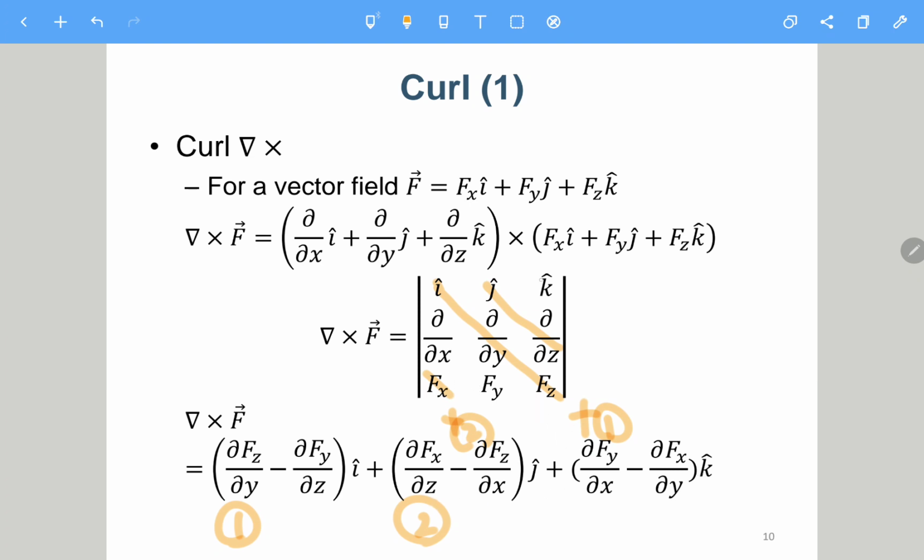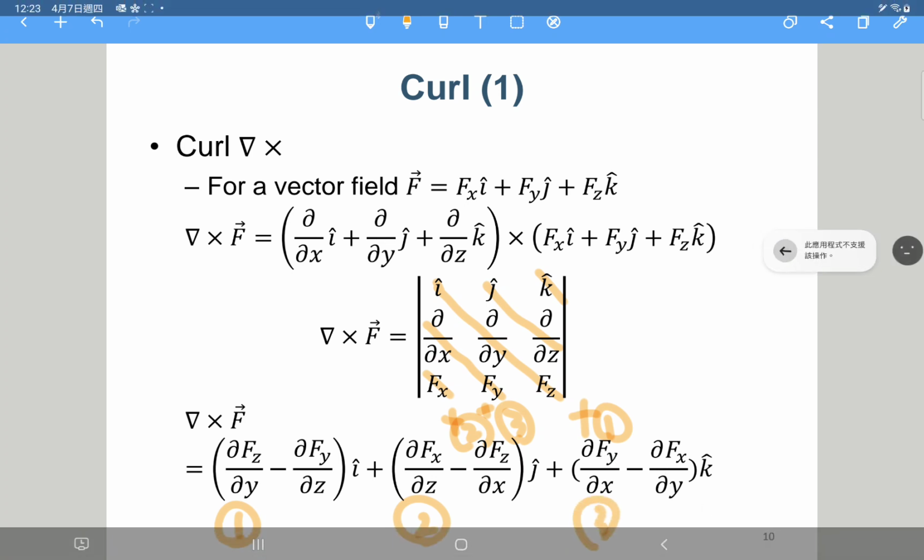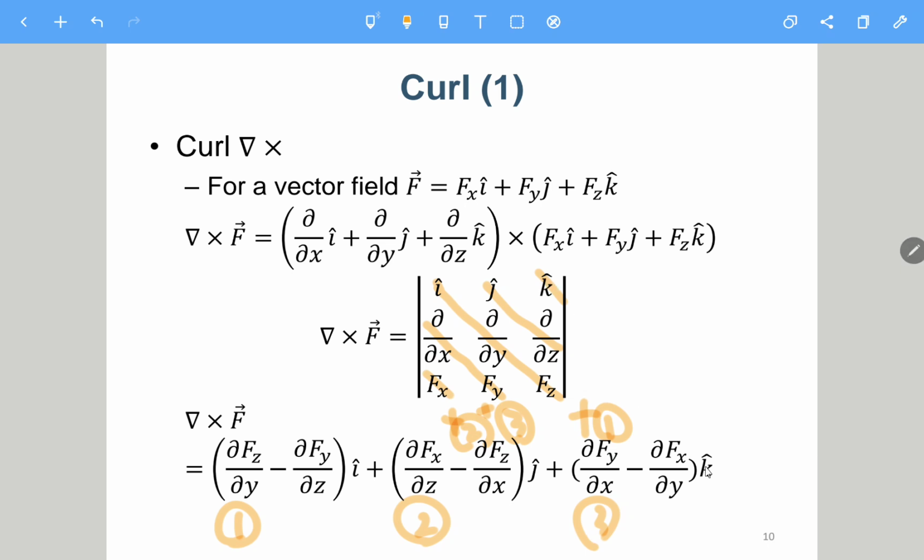And then the final one, k hat partial x fy. This is the third one with the positive sign. So you can see k hat and then partial x fy. Okay, so these are the 3 terms with a positive sign.